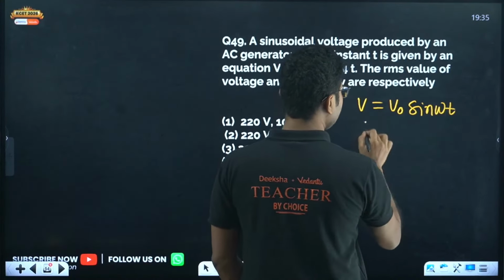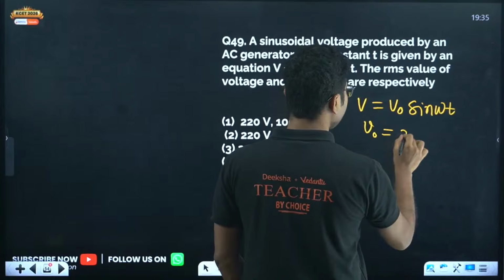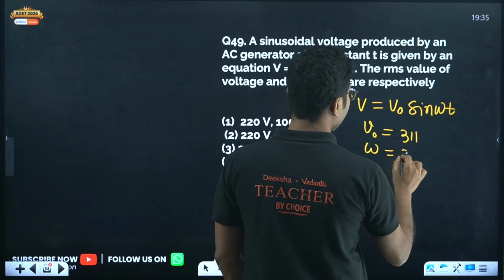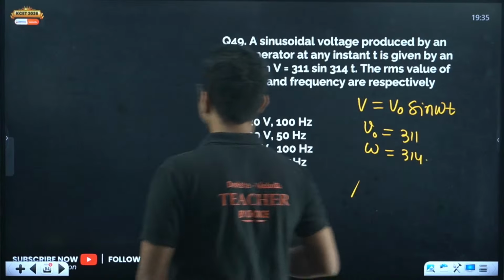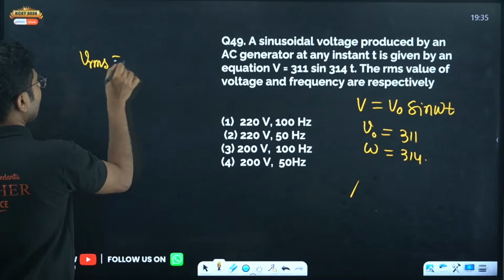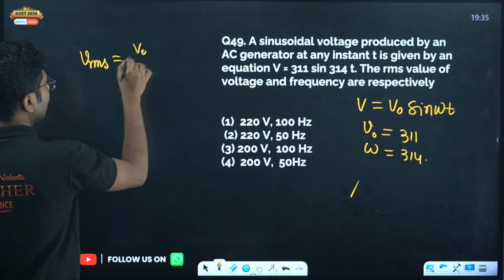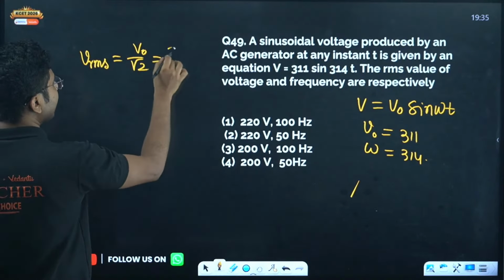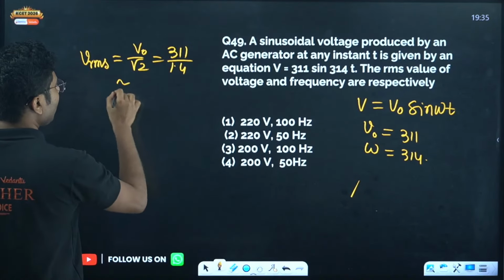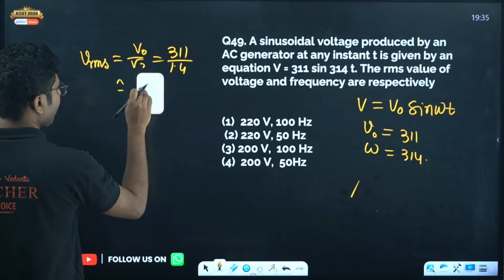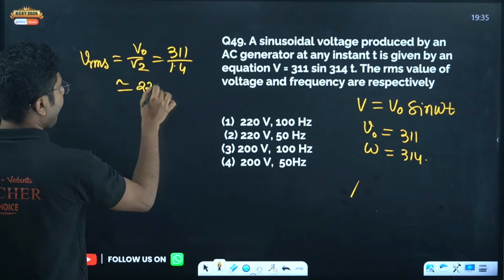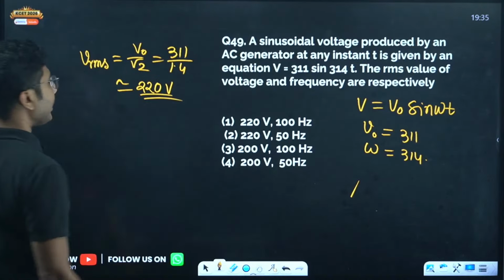By comparing, we get V naught equals 311 and omega equals 314. Now what is the RMS value? RMS value is V naught by root 2, which is 311 by 1.4, which will give you 220 volt.